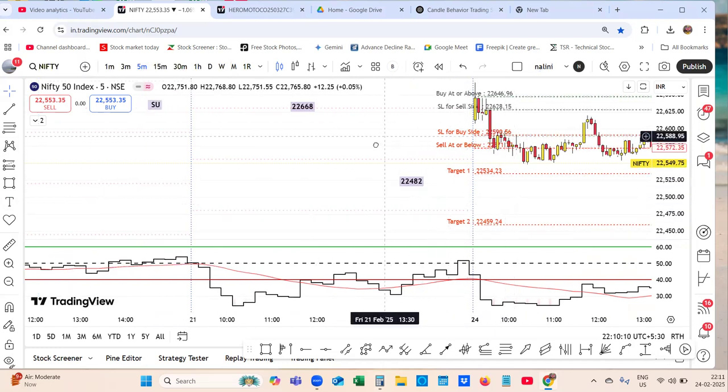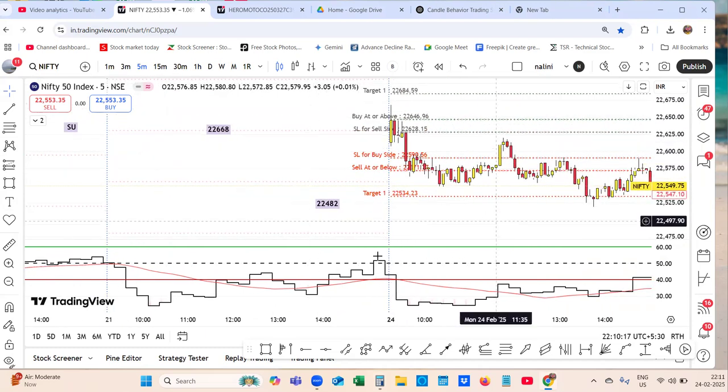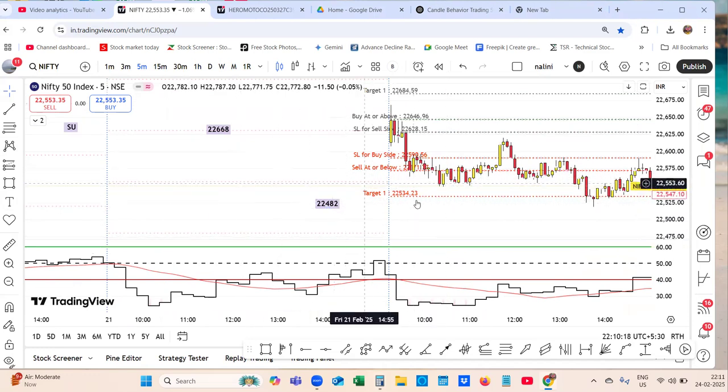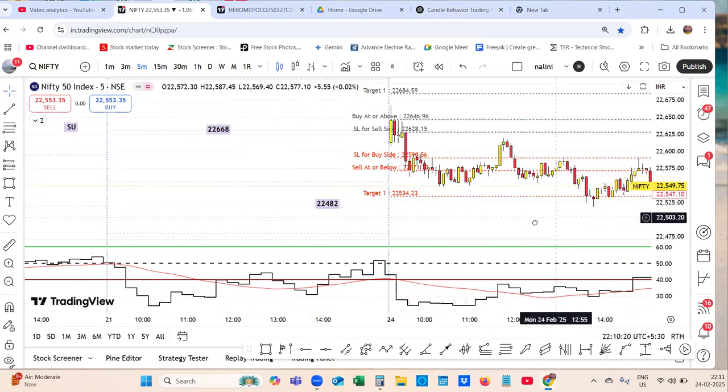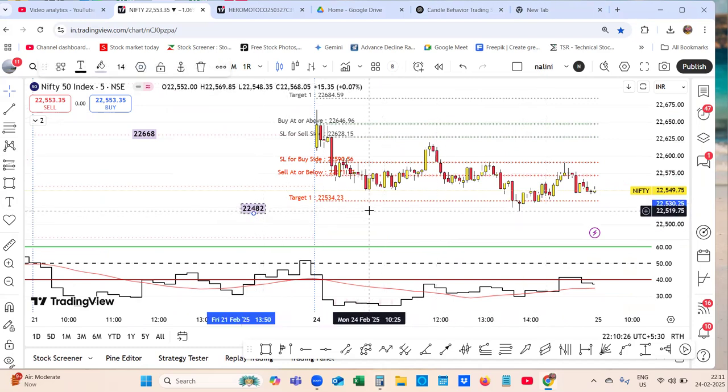So I need to be aware of this. I've got the level 22,482. See, the market is influenced not only by Fib; volatility will also be there. VIX will also influence.